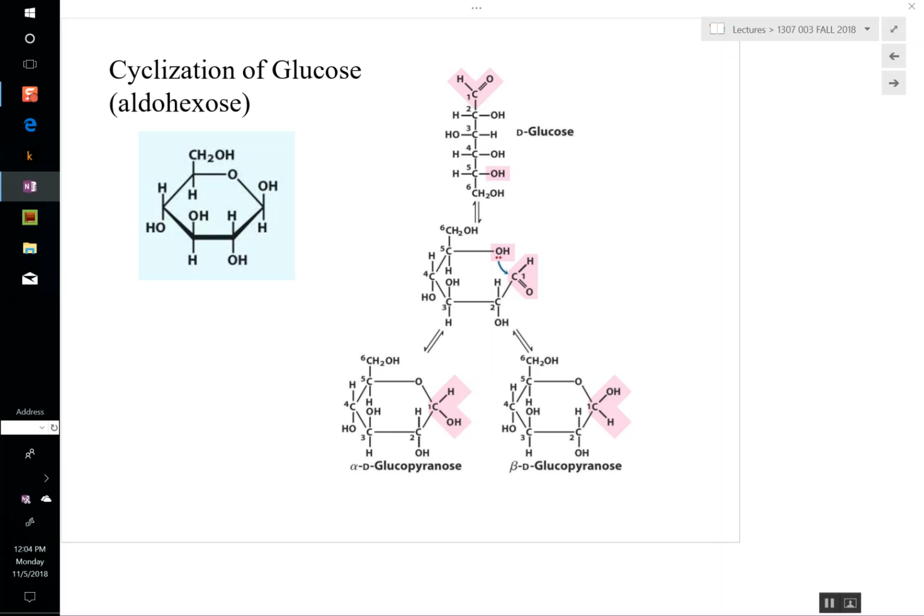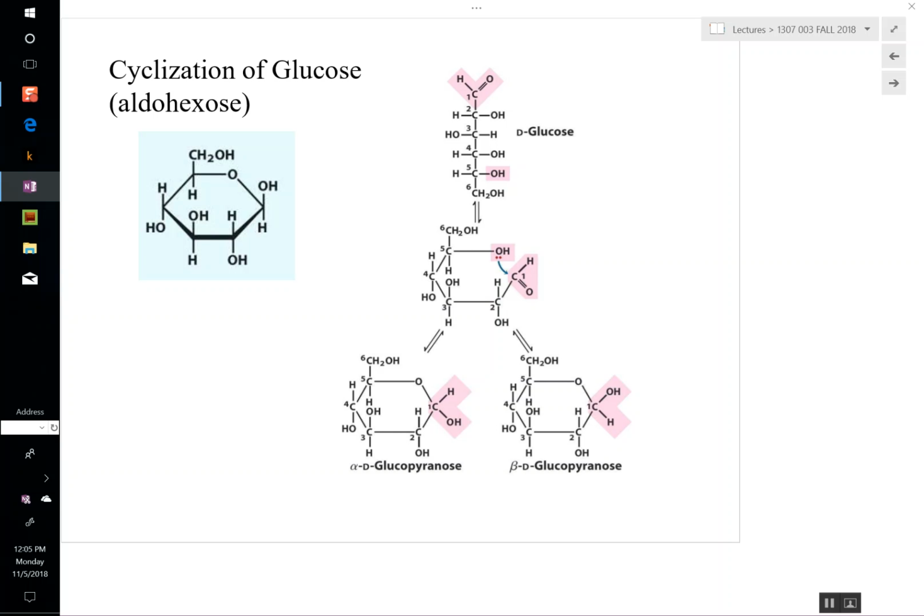You can see this can rotate around, as I was answering Minnie's question a minute ago. This carbon can rotate on that bond. So depending upon where it is oriented, when the OH adds across that double bond, you can get it above or below the ring.